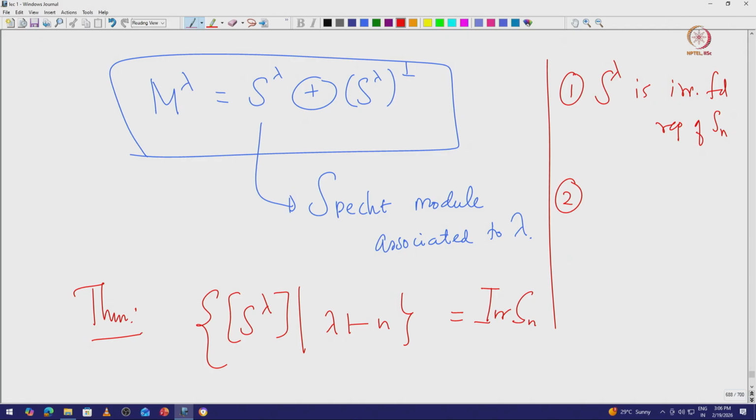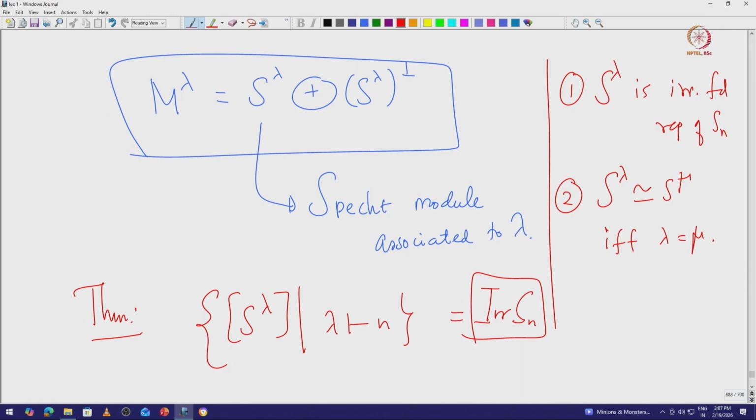Okay. So, that way we know that they will have exactly the number of conjugacy classes of Sn many irreducible representations, and this set cannot have more than that. So, they will be equal. So, we just prove that S lambda is an irreducible finite dimensional representation of Sn, and S lambda is isomorphic to S mu if and only if lambda equals mu.